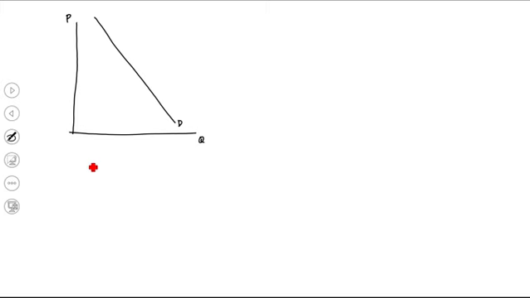Let's say we're charging a price of $142. At a price of $142, that puts us at point A. And let's say at 142, we can sell 3 units. It could be 3 an hour. It doesn't really matter. Just keep the math simple.